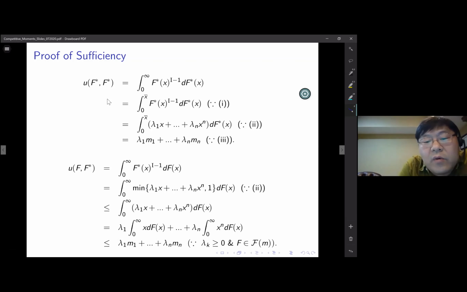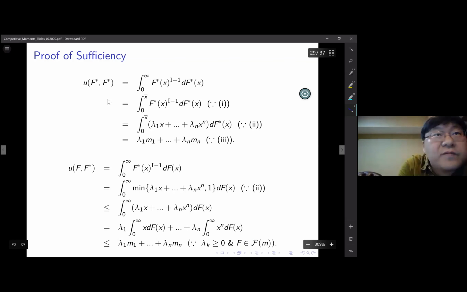Now looking at this term, we know that each lambda k is non-negative. And because this F belongs to this set, its first moment must be less than or equal to m1, and its second moment must be less than or equal to m2. You do this for each moment, and then we get this inequality.